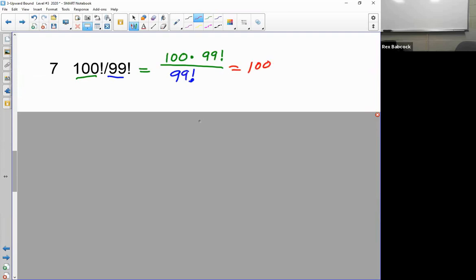The answer is 100. These numbers are huge, okay? At about 72 or 73 factorial, somewhere in there is a Google. Now, if you ever wondered about Google online, you said, gee, I used Google this morning to check my mail.